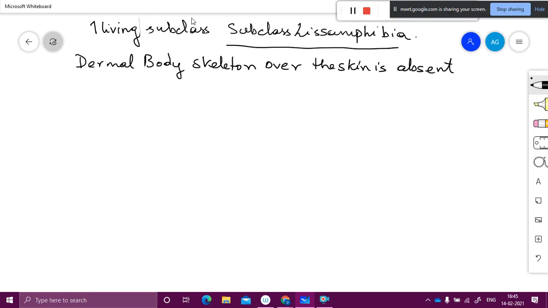It is all endoskeleton. Teeth small and simple.